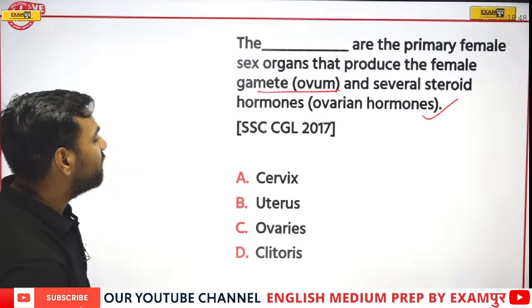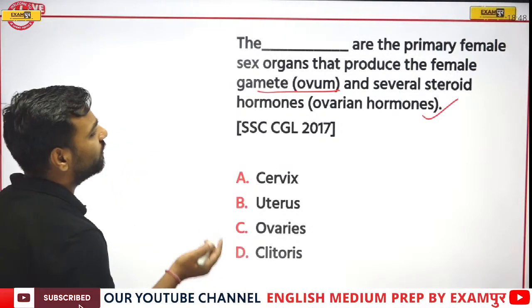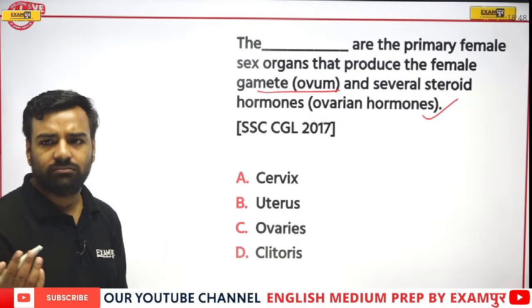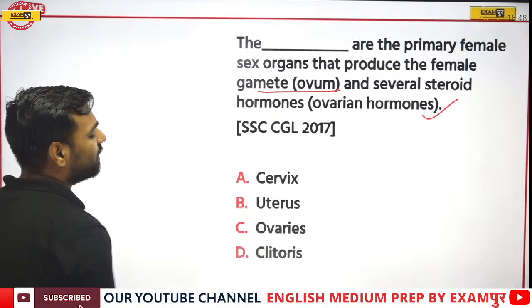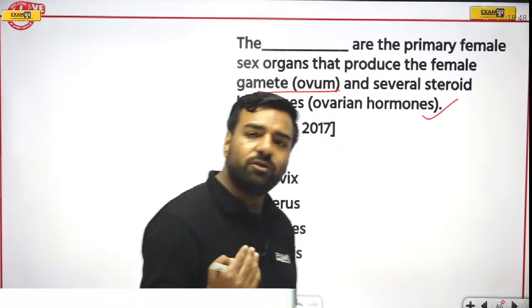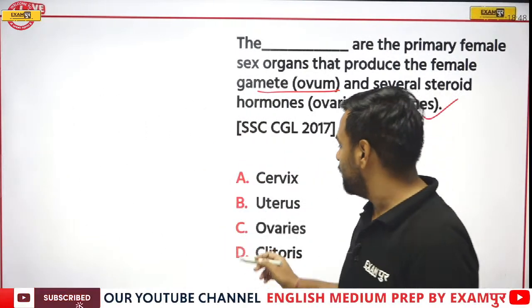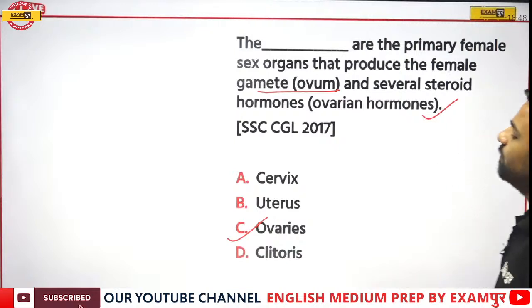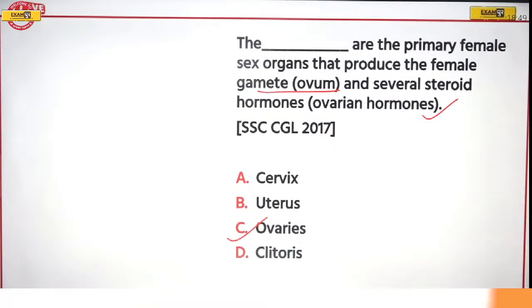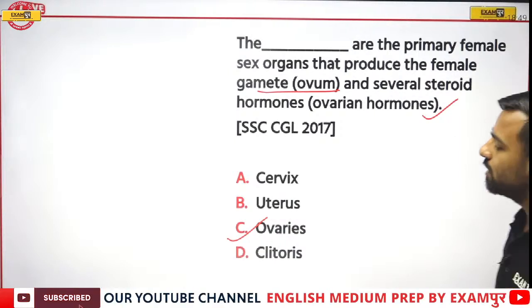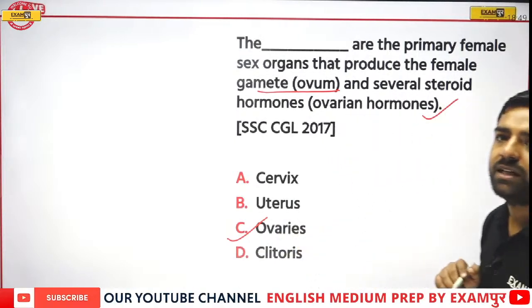Whenever we are talking about the production of ovum or female gamete, haploid, remember 23, it actually comes from the ovaries. So here option number C, that is ovaries, will be the correct answer. So the ovaries are the primary female sex organs that produce the female gamete and several steroid hormones.